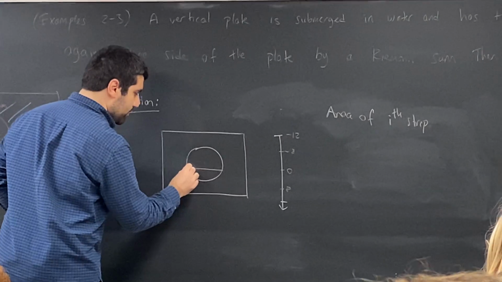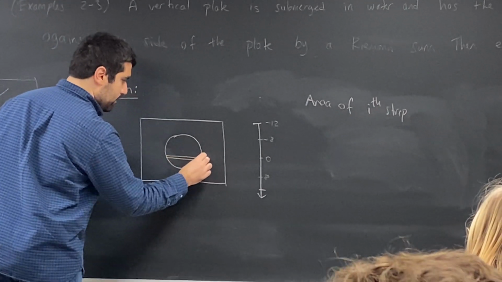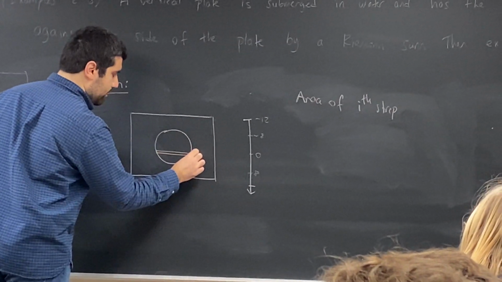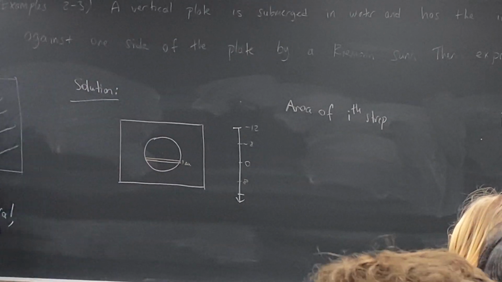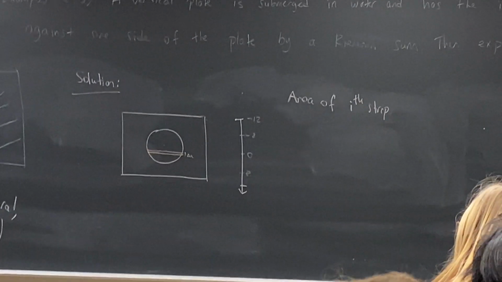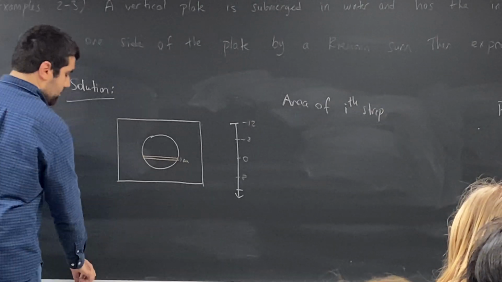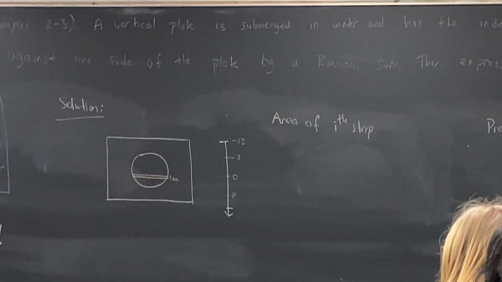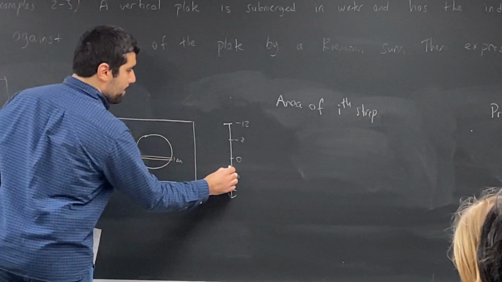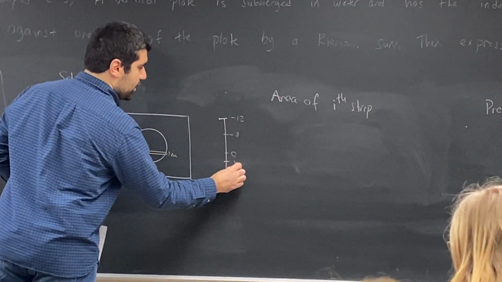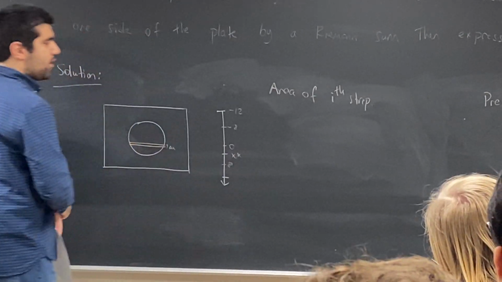We'll get the same answer. Let's call its width delta x, as we always do, and we'll try to calculate the area of this strip. And it's located at xi star.